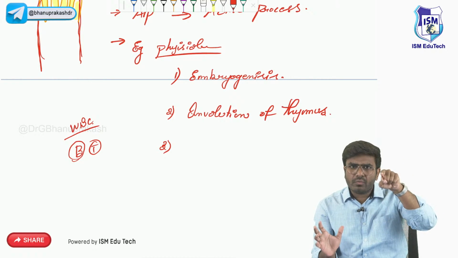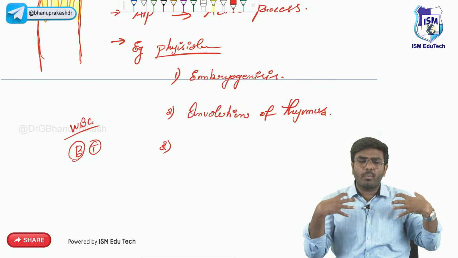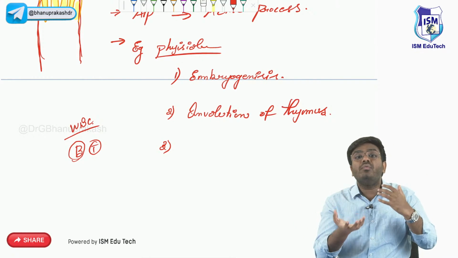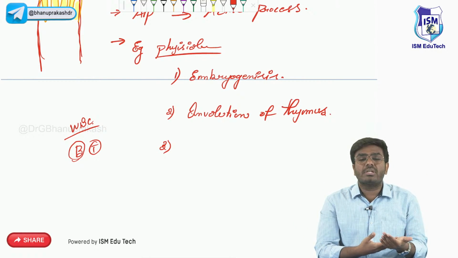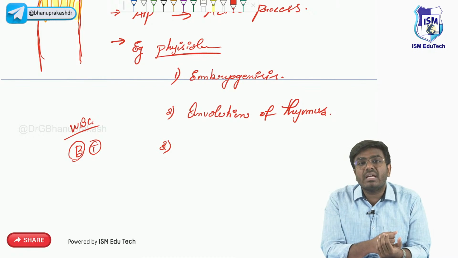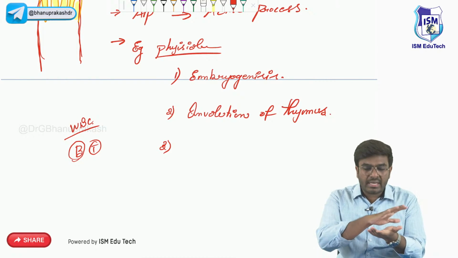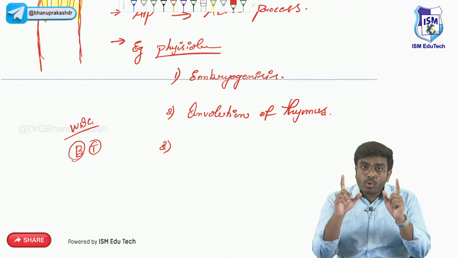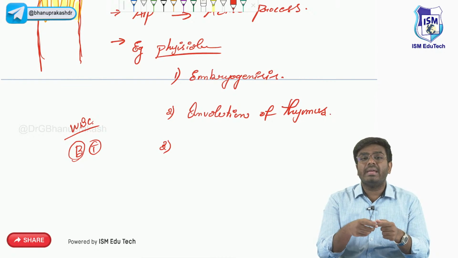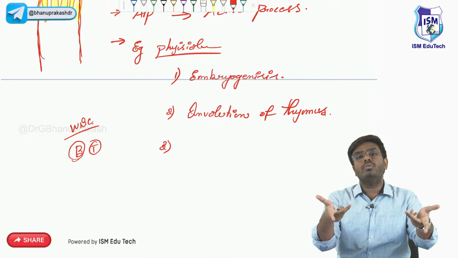Do we need such B lymphocytes? No. Every day in our body, such self-reactive B and T lymphocytes are being produced, but those cells need to be immediately cleared and taken out. So those self-reactive lymphocytes will automatically be programmed to cell death.